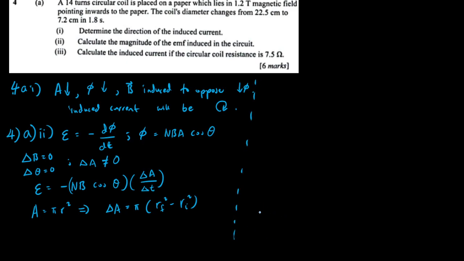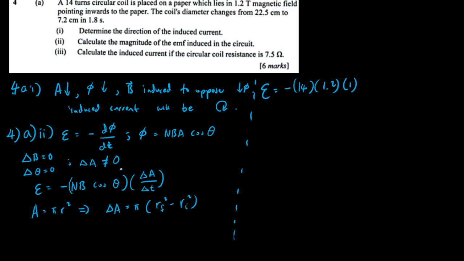Okay, so now we can substitute those values. I'll have epsilon equals negative N, which is 14 turns. My B is going to be 1.2 cos theta. Theta is 0, so cos theta is just 1.